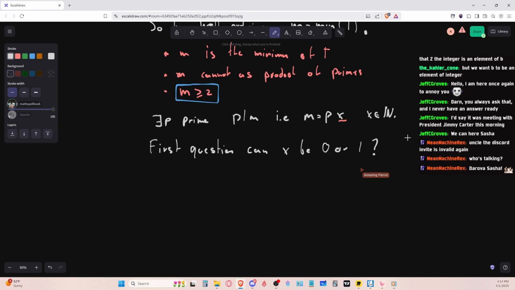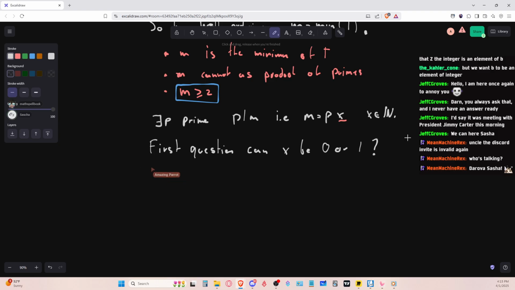Well, I don't think it could be 0 because wait, in this case, are we considering 0 part of the natural numbers or no? Oh yeah, we are. Okay, so 0 is part of the natural numbers in this case. Well, we can't say that x is 0 because then that would make m 0, which makes it less than 2.